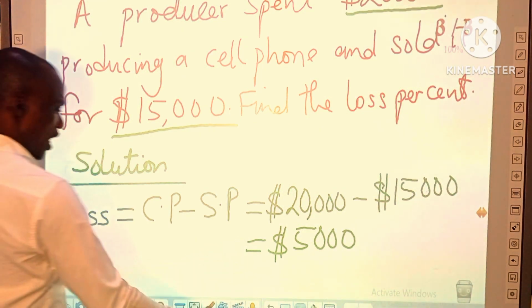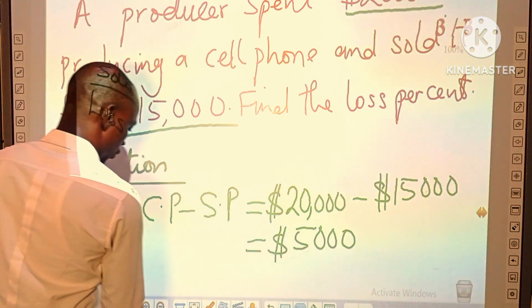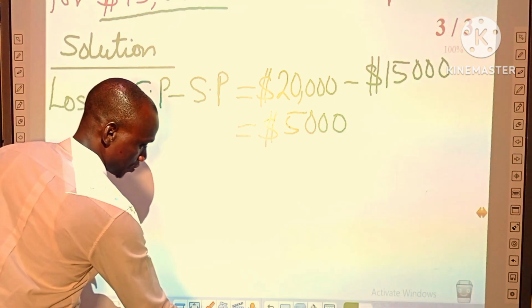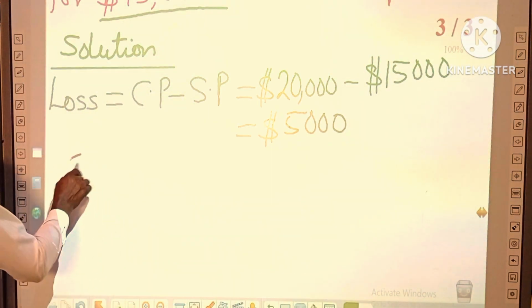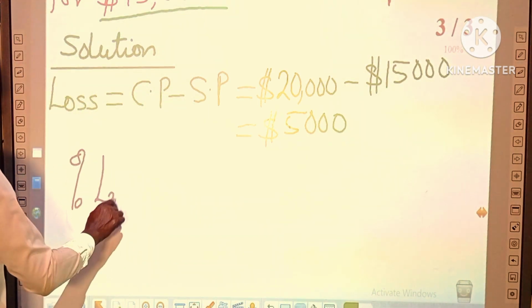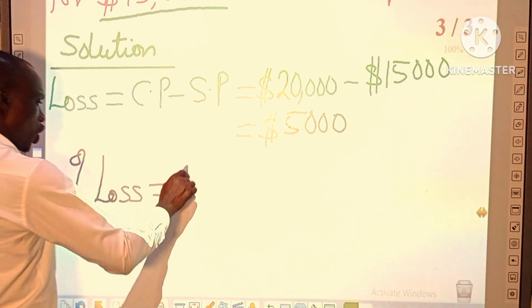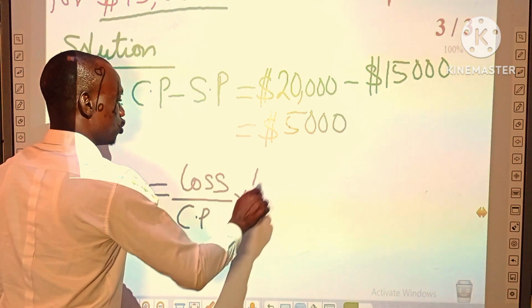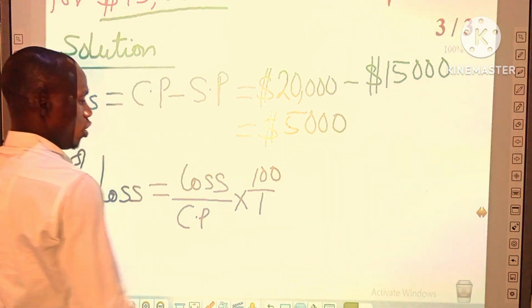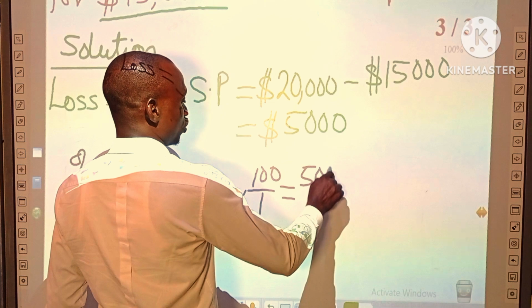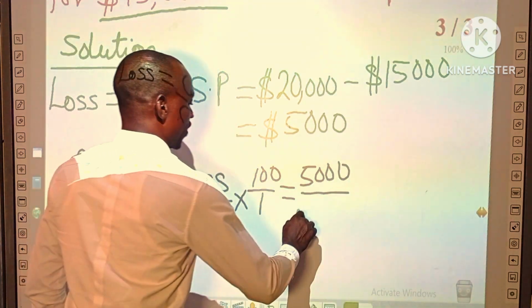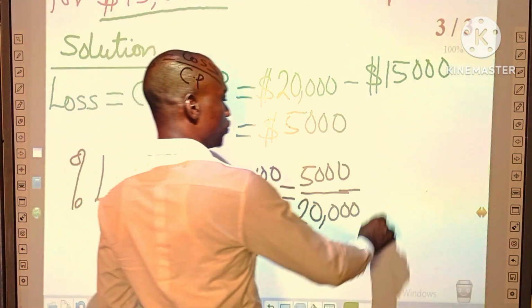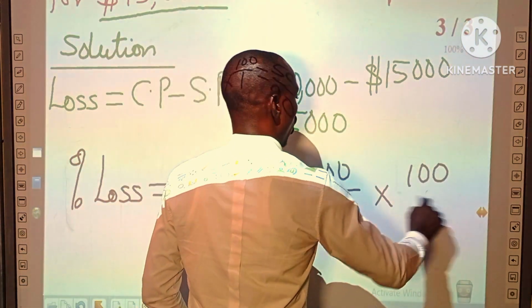Now, since we have gotten our loss, we go straight to finding percentage loss. Percentage loss will be equal to loss all over cost price times 100 over 1, which is the $5,000 that was lost, all over the $20,000 spent in producing the cell phone, times 100 all over 1.